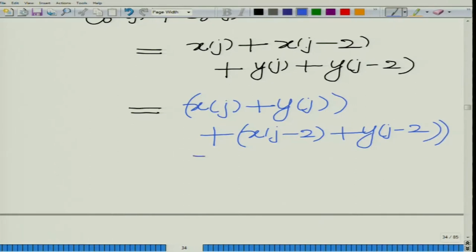This is arising from commutativity and associativity.